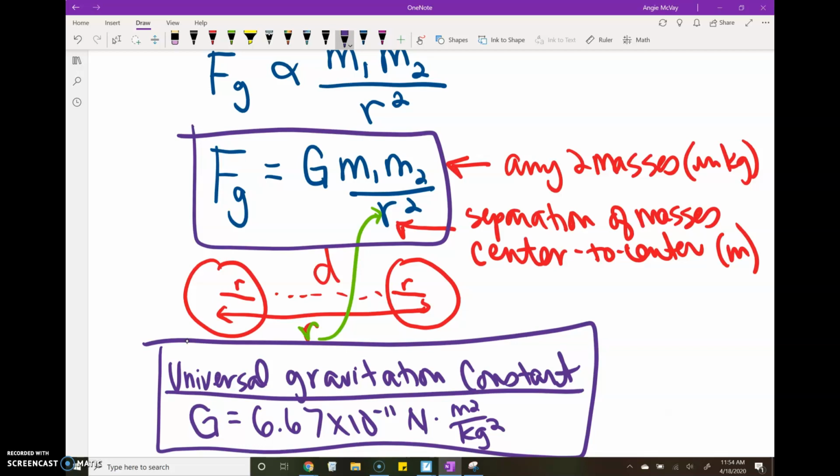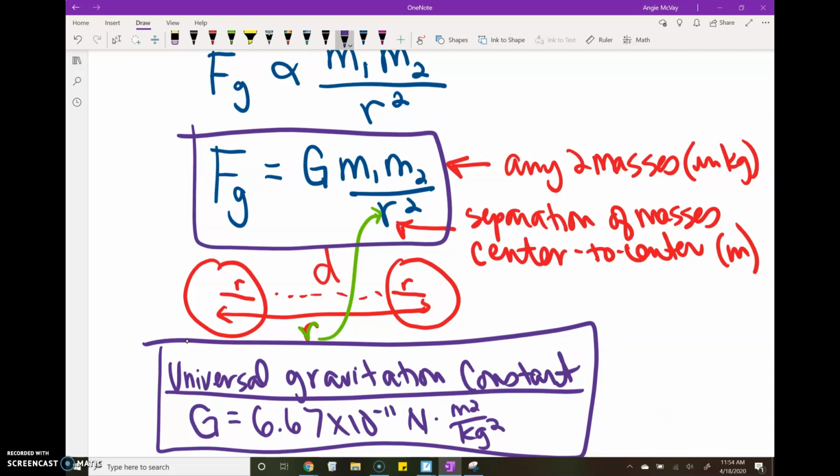So if you were to put in like two people, maybe they have masses of 50 kilograms each, right? 50 kilograms times 50 kilograms is 2,500, and maybe they're separated by a meter, so divided by 1, right? So 2,500 divided by 1, and then 2,500 divided by something times 10 to the minus 11. How big would the gravitational force be between two people?